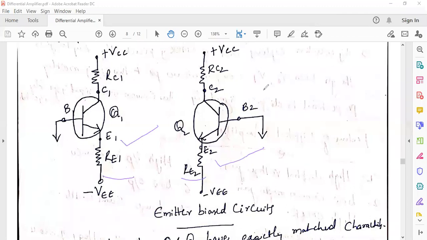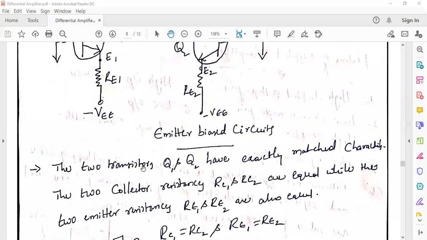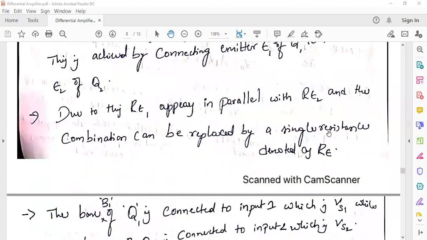So when these two are parallel, the value of the parallel resistance of RE1 and RE2 is replaced by the single resistance RE, where RE is RE1 parallel to RE2, that is RE1 into RE2 by RE1 plus RE2.